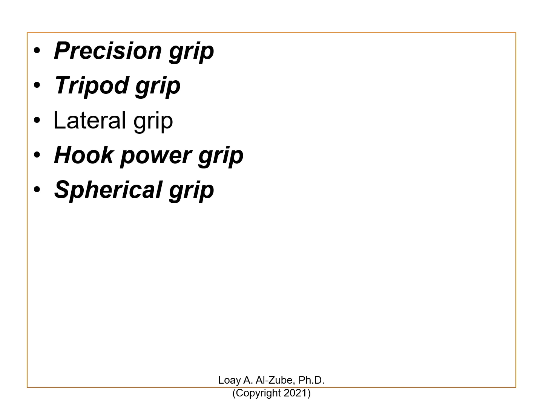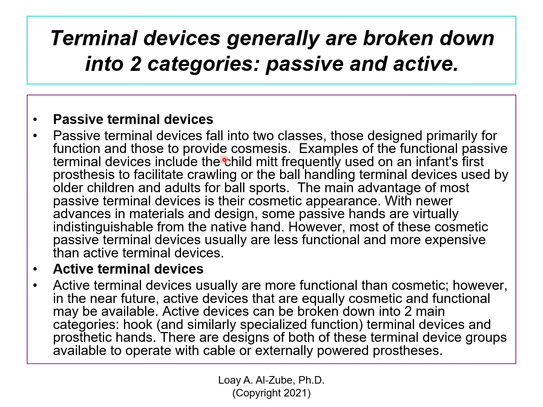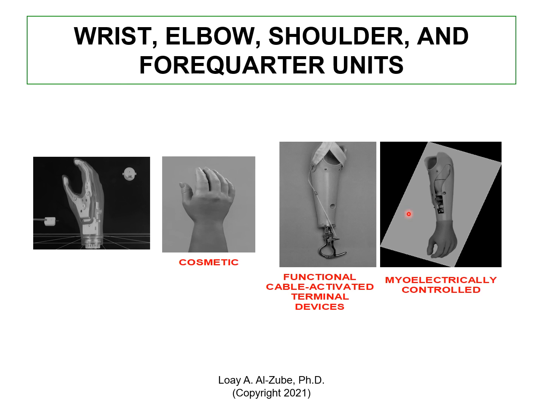Then I would like to go into the passive and active terminal devices. Remember, passive is just cosmetic, and active is the one that gives you functionality, and that's the main objective of the two categories. Then you will have these examples. This one is just cosmetic. It has no functionality.